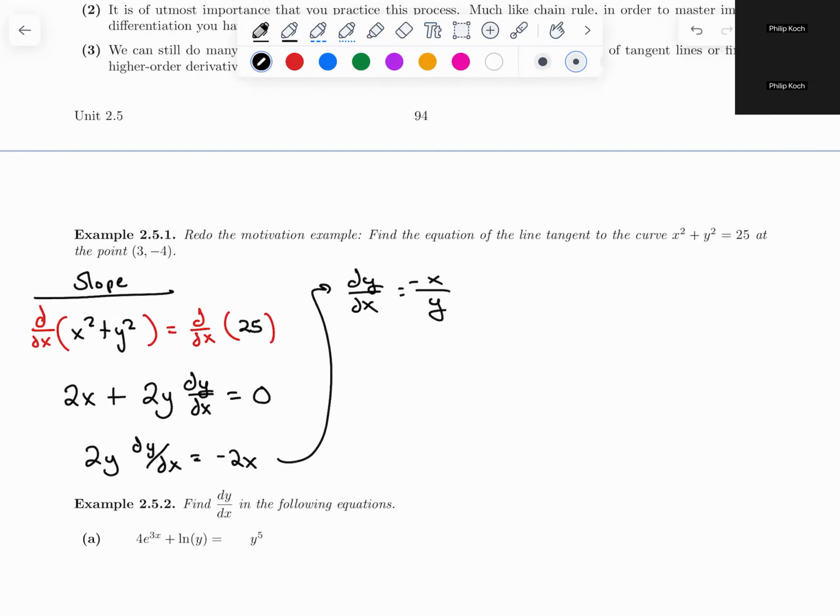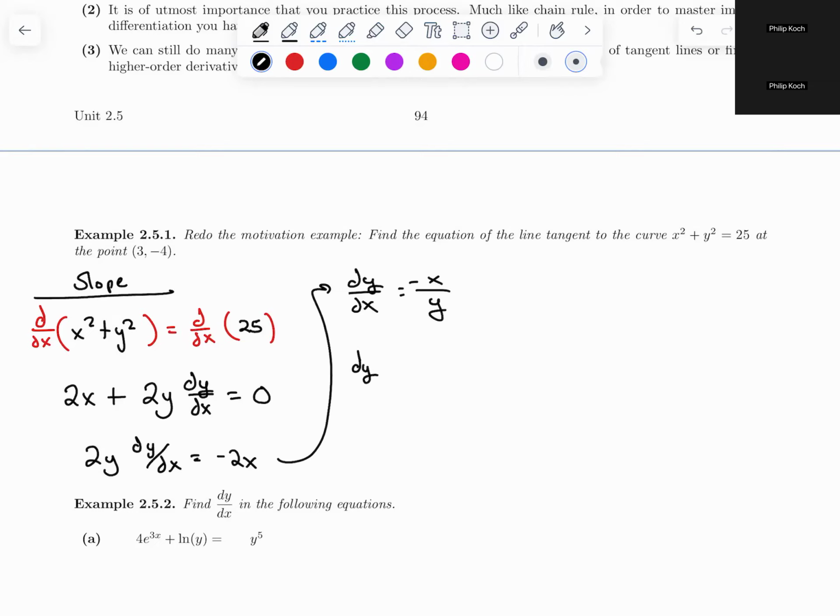That is the derivative. And the derivative is used to find the equations of tangent lines. And specifically, it's used to find the slopes. But this is in two variables, but that's okay. I gave you the location. I gave you 3, -4.